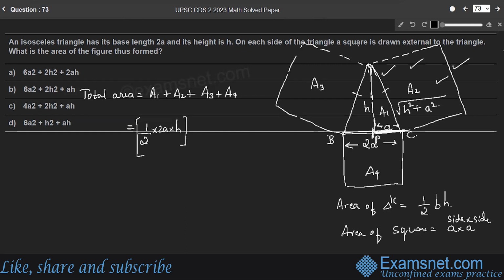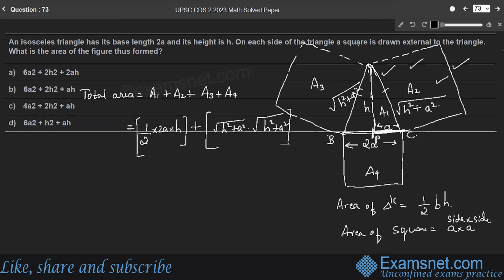Therefore, the area A2 is side into side, so root of h square plus a square into root of h square plus a square. This gives the total area of the first square. Since the given triangle is isosceles, the other side also becomes root of h square plus a square.